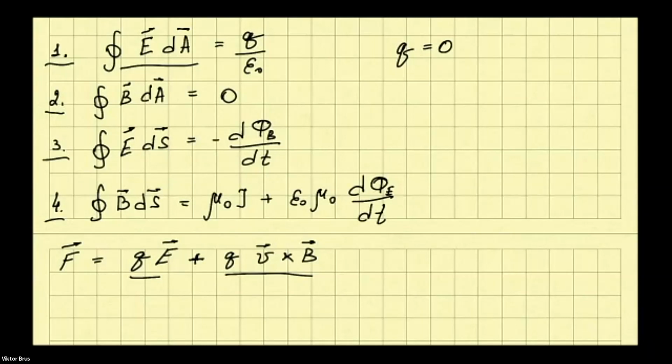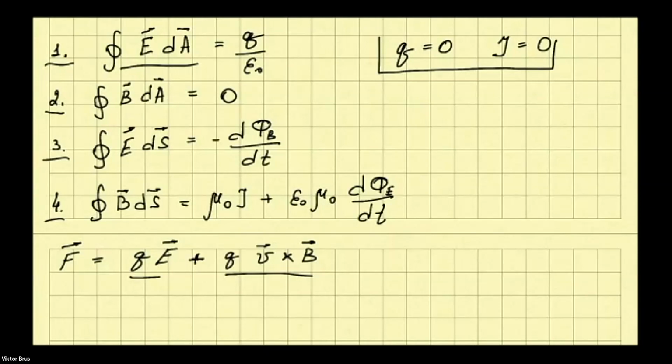And also, if there are no charges, there should be no conductivity current either, because conductivity current is always associated with mobile charges, which need to exist in the space we consider in order to contribute to the conductivity current. So electric charge and conductivity current will be considered equal to 0.